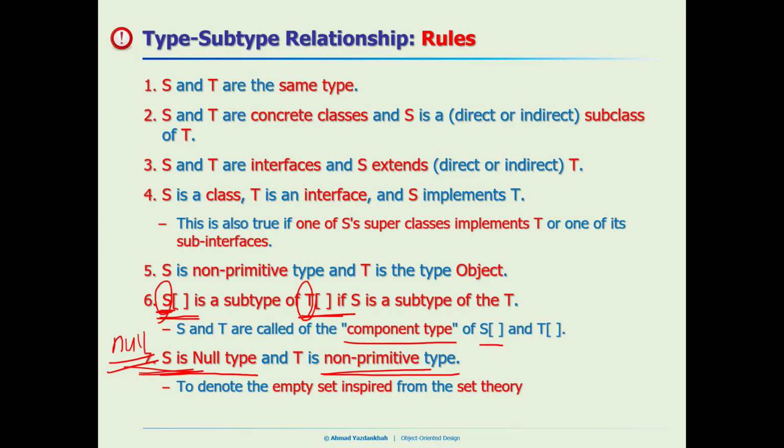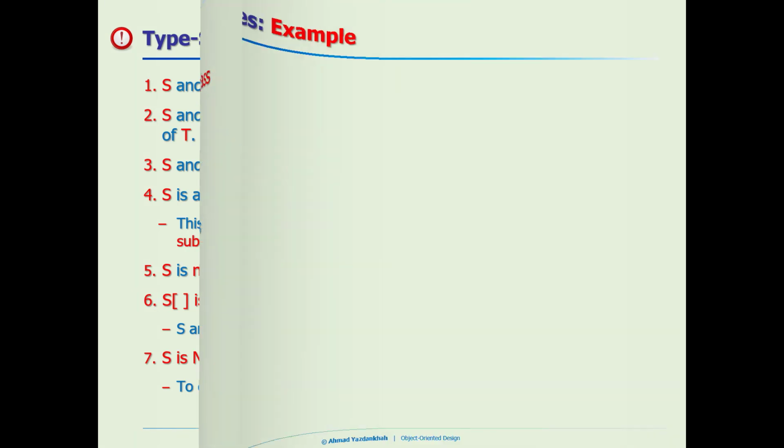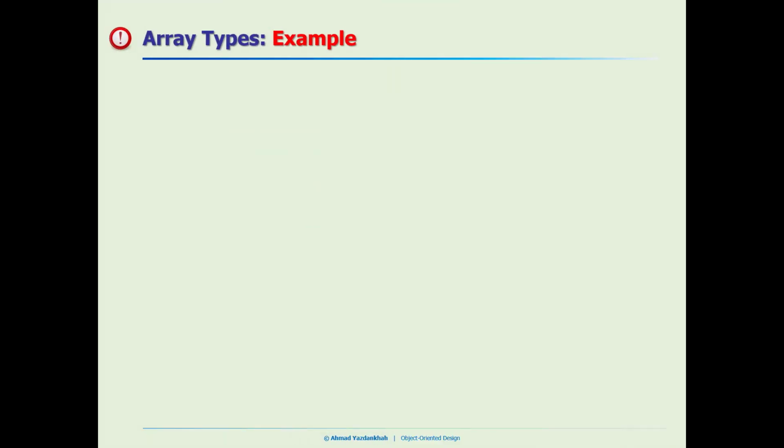Probably this is coming from set theory, where you know that phi, the empty set, is a subset of all sets. Probably this is inspired by that theory. All right, let me take an example for the array that we promised.